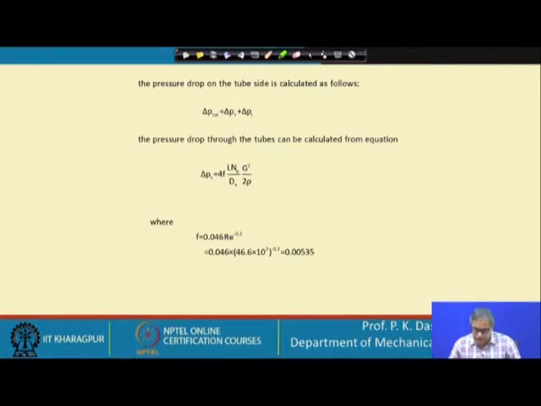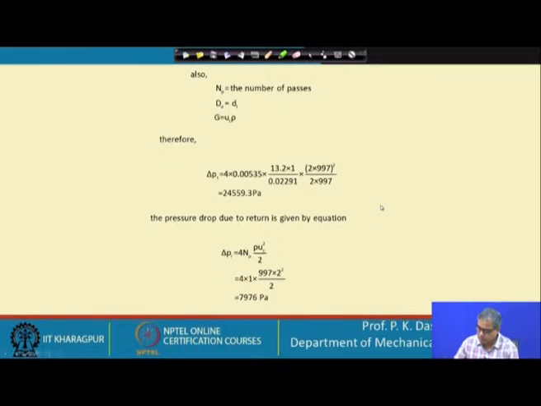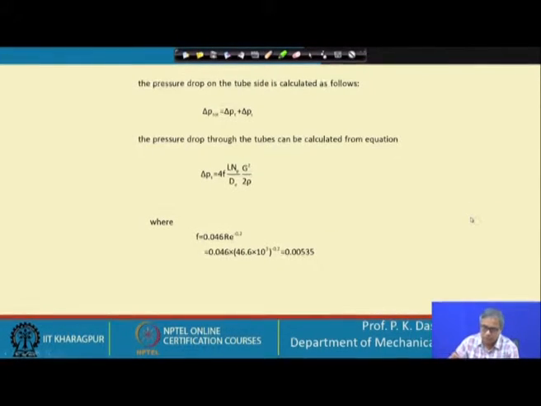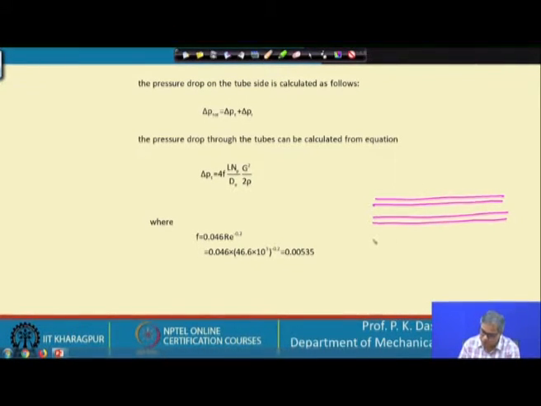So, on the tube side pressure drop, again there are certain things. Let us try to understand what it is. You see, the tubes are laid like this. This is a tube, this is the second tube. So, tubes are laid like this, and when fluid flows through this tube, there will be a pressure drop.